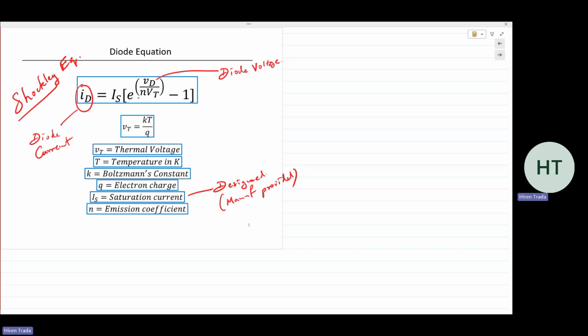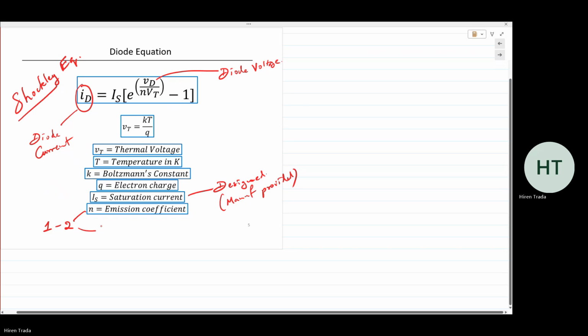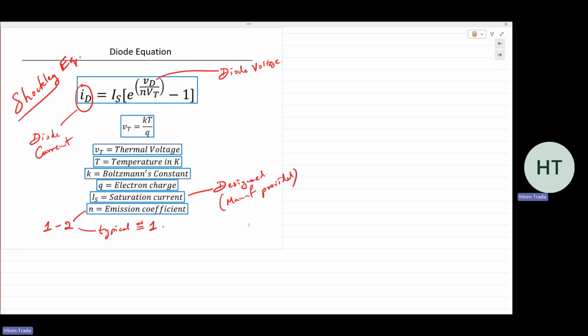The diode itself is a nonlinear device. Typical values of N range from 1 to 2, but for pretty much all normal operation diodes it is just 1. If we do not know the value of N, we can safely assume 1 for most analyses. It wouldn't make too much of a difference.